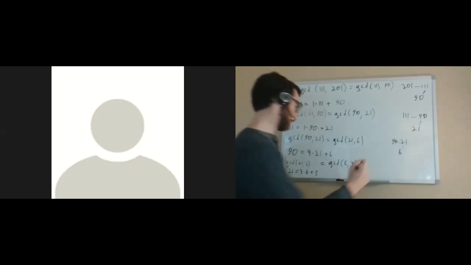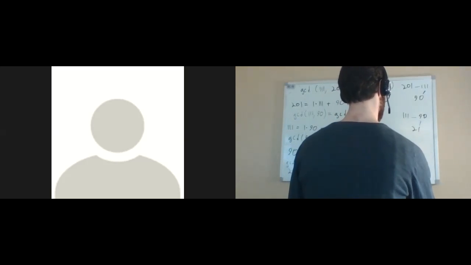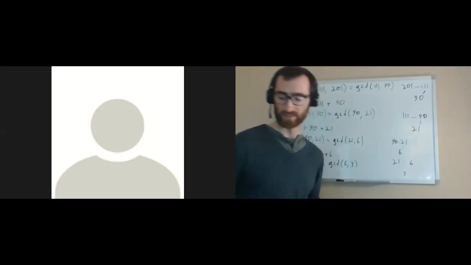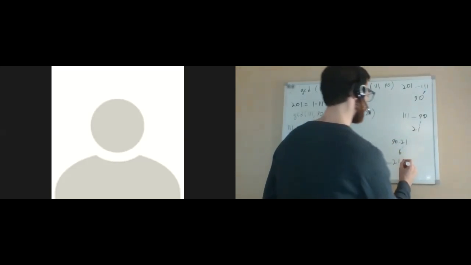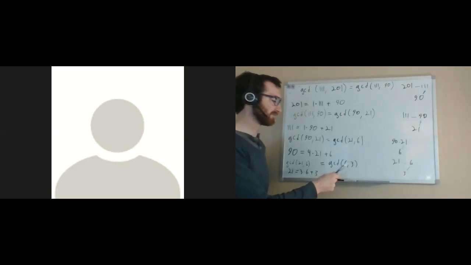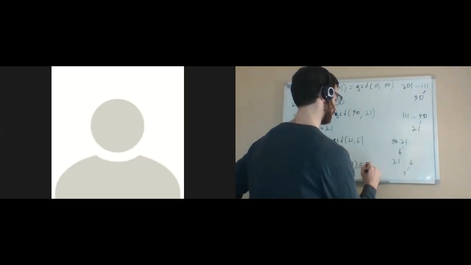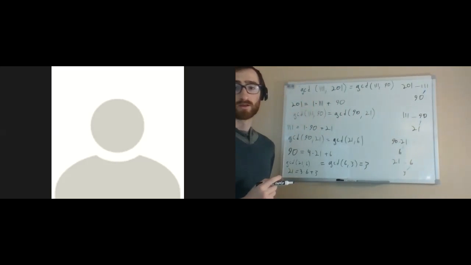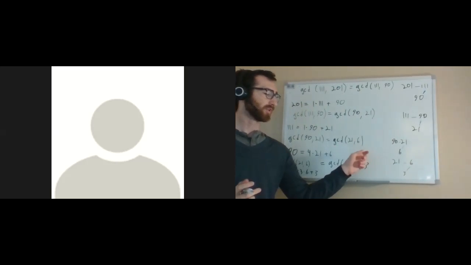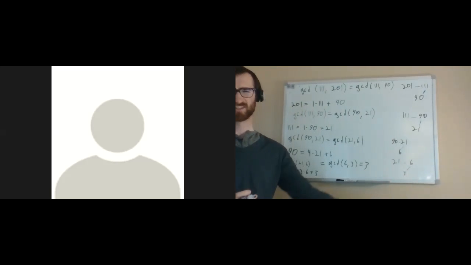Now, our last triangle is 21, 6, and 3. And now we've gotten it so far down that we can just immediately compute what the GCD of 6 and 3 is. The greatest common divisor of 6 and 3 is just equal to 3. And you could even push the Euclidean algorithm further until you hit a 0, right?